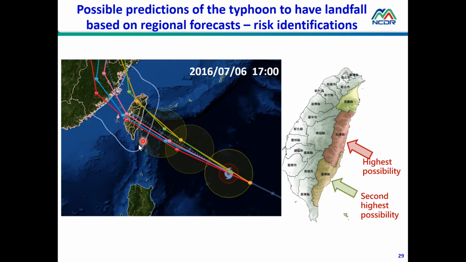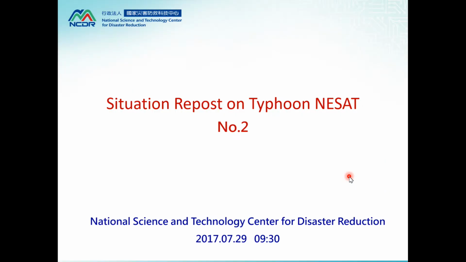We must accommodate the uncertainty of numerical simulation. Because of this uncertainty, we need to estimate scenarios to know where the disaster hotspots are to prepare for. This is the case of the typhoon last year, especially the report of Typhoon Nesat.